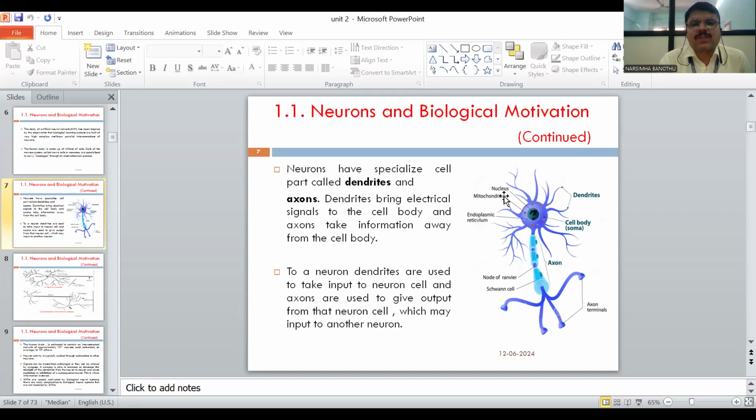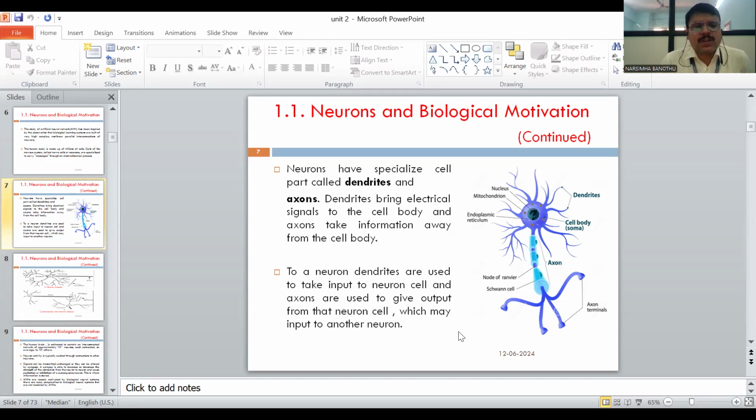These are the nucleus, cell body, dendrites, and axons. Dendrites bring electrical signals to the cell body and the axons take information away from the cell body.